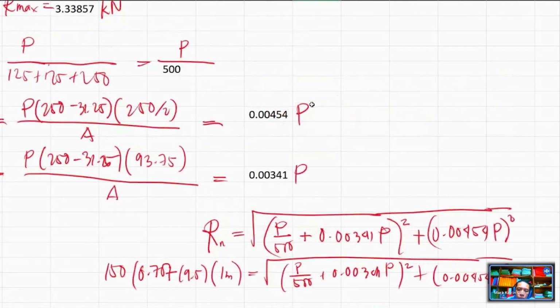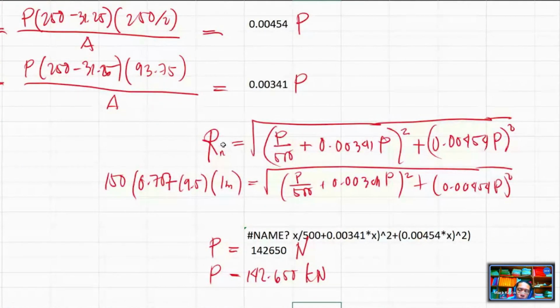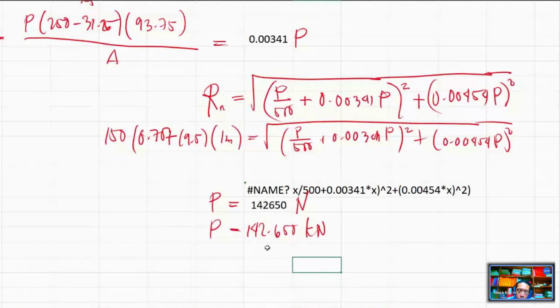Gin equate naton ang Rn, take note nga ini nga mga values are per 1 millimeter of fillet. Tapos equate naton hiya per millimeter length of Rn. This is the result, 146.650 kilonewton.